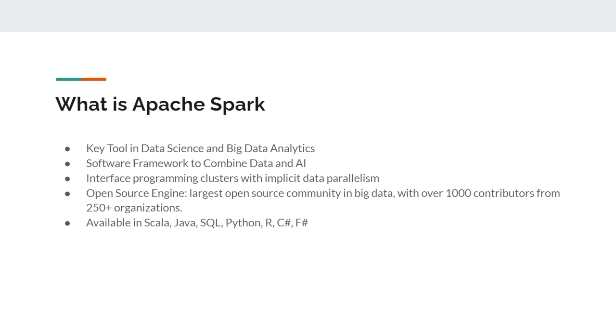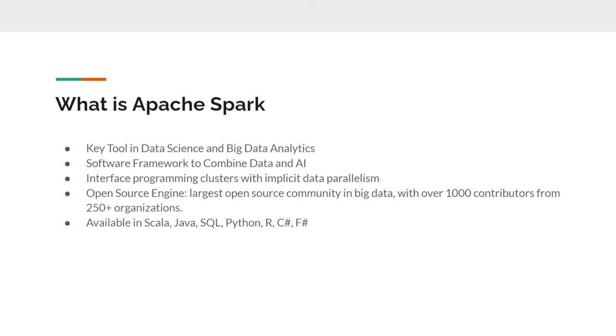So what is Apache Spark? It's a key tool that's used in big data and data science today. What makes it so special is it combines data with machine learning all in one area. So you can do data manipulations and then put that data directly into state-of-the-art algorithms.